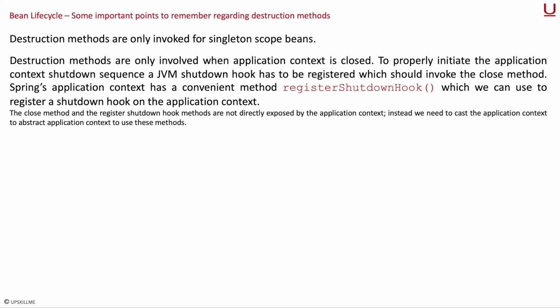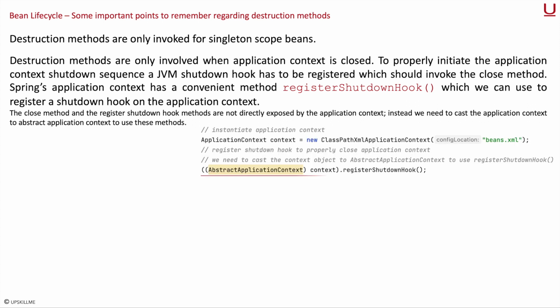Spring application context has a convenient method, registerShutdownHook, which we can use to register a shutdown hook on the application context. The close method and the registerShutdownHook methods are not directly exposed by the ApplicationContext. Instead, we need to cast the application context to AbstractApplicationContext to use these methods.